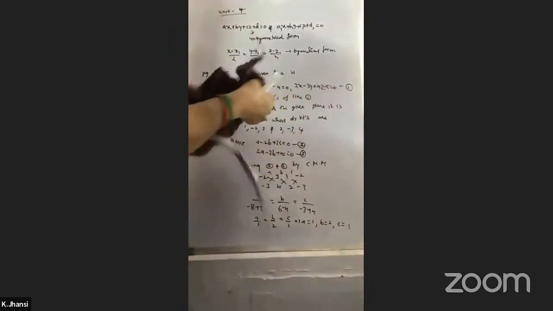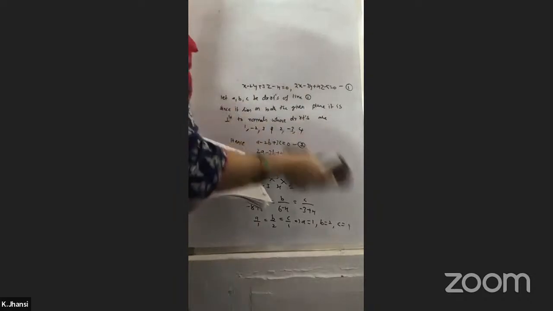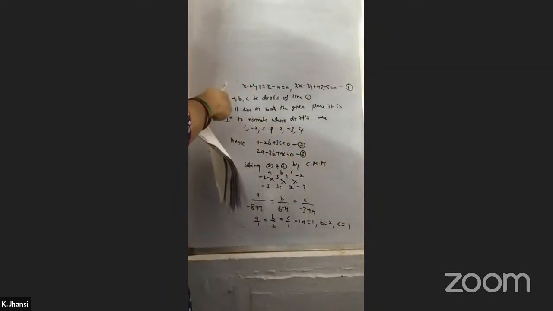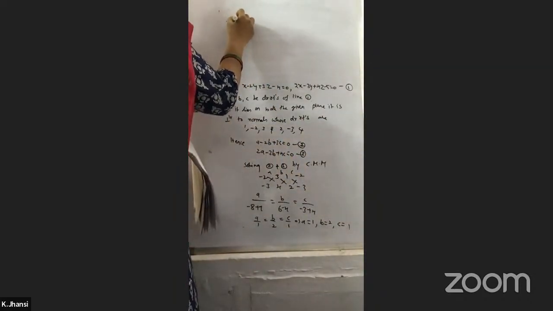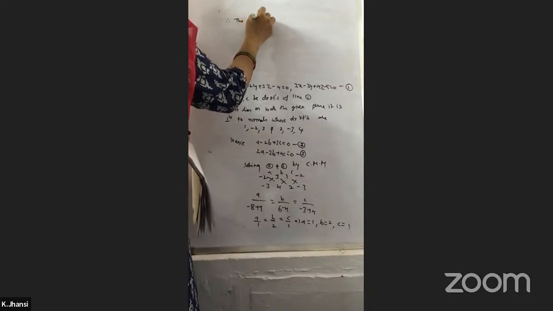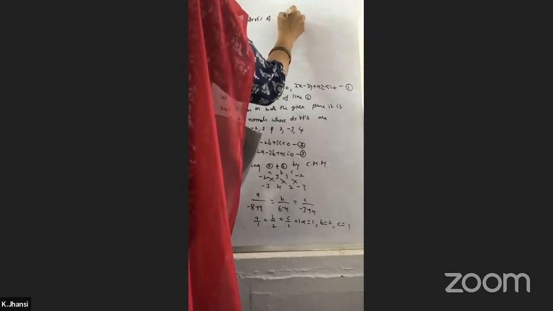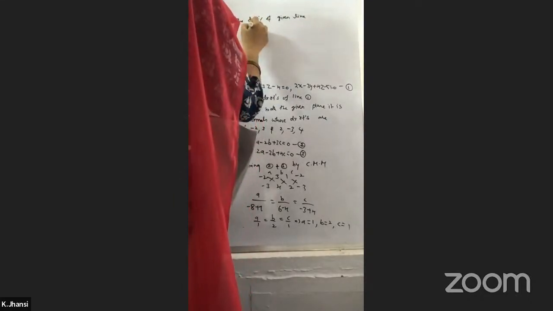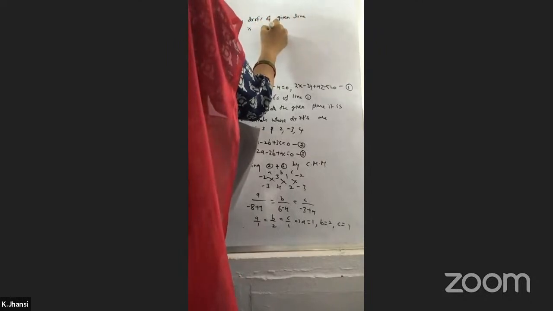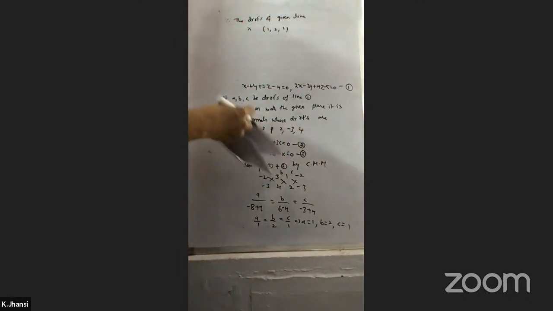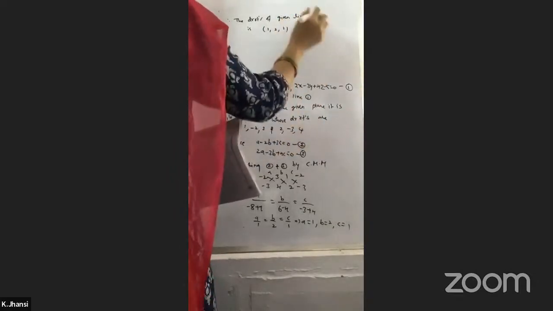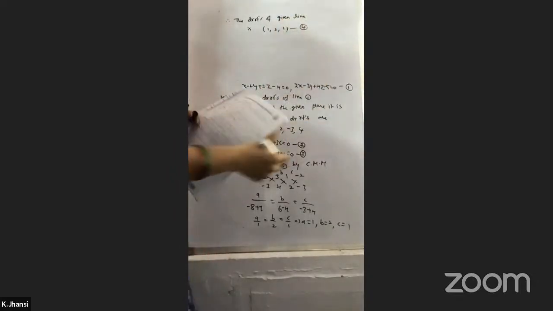So here you write therefore the direction ratios of given line is 1, 2, 1. So you take this as fourth equation.